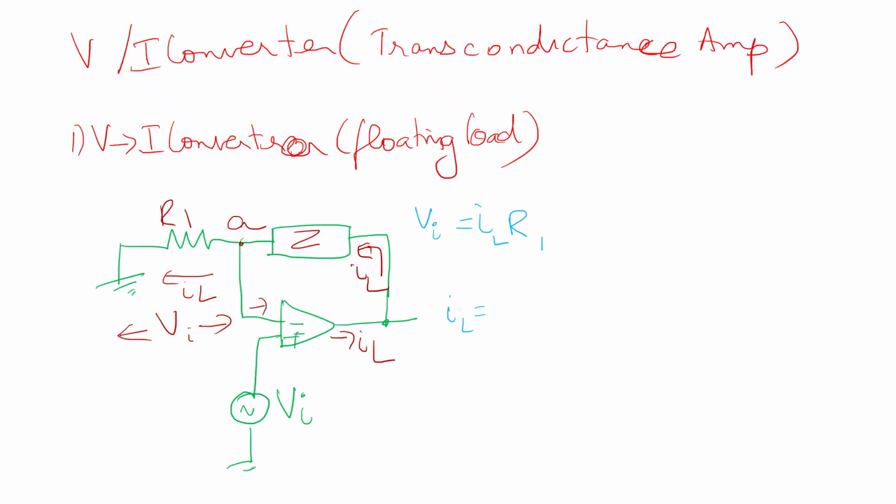Therefore, IL is equal to VI divided by R1. So we have obtained the current in terms of voltage. IL is proportional to the input voltage and it is controlled by R1. Thus, it acts as a voltage to current converter.